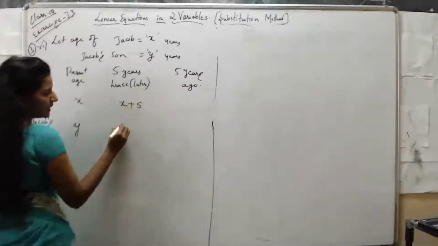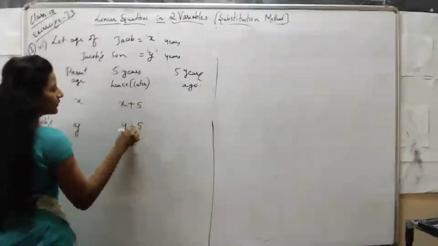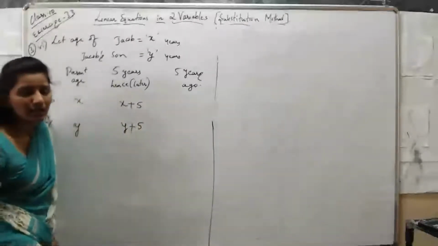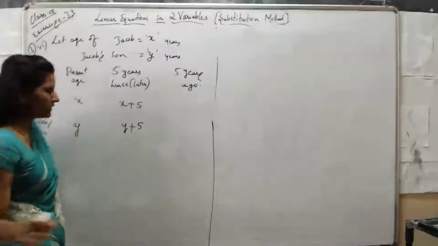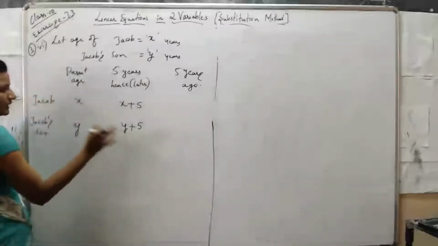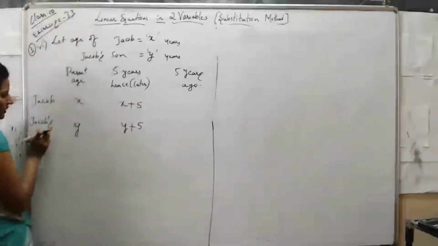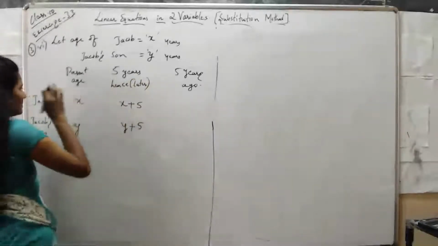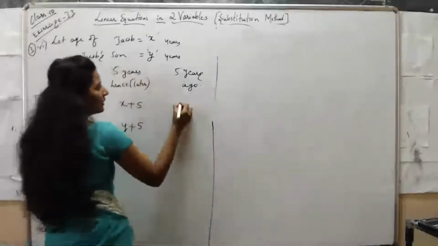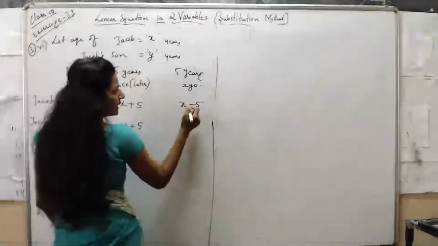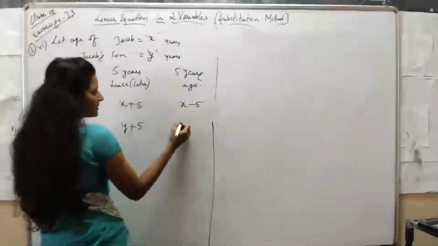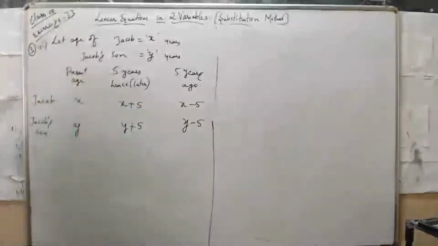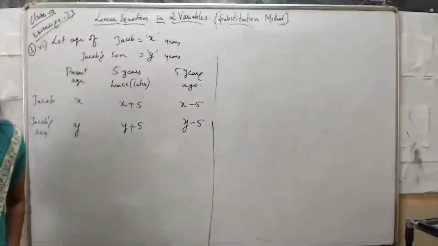Later means plus, ago means minus. We have to draw this table before writing the equations. Jacob's son after 5 years will be y plus 5. Jacob 5 years ago, x minus 5. Ago means minus, after means plus. Y minus 5. I have already explained, no need to explain again and again. Okay, next.